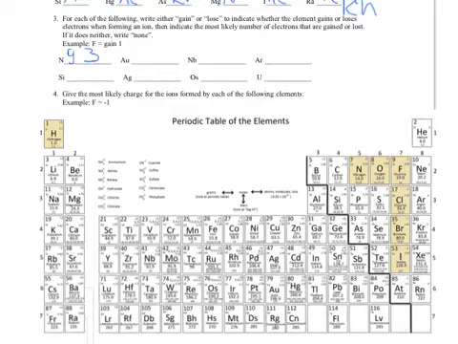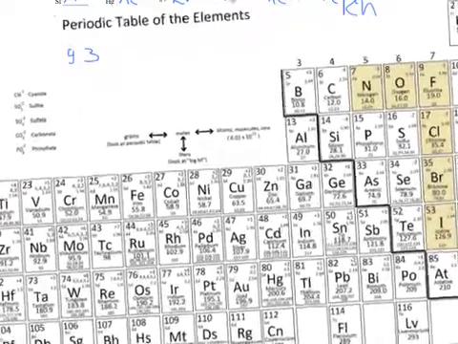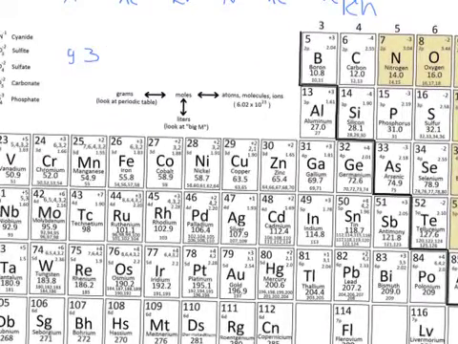Then we have gold. Now gold is a transition element, so I can't just look and see how many valence electrons it has in its column, which makes it a little bit trickier, but it's not that bad. One thing I can do here is I can just look in the box. Let's make this a little bit bigger here. If we look in the box here, what we see is the most likely ionic charge is +3.